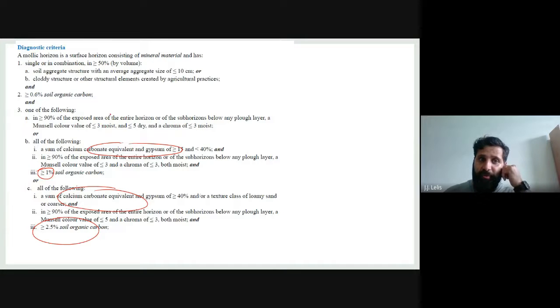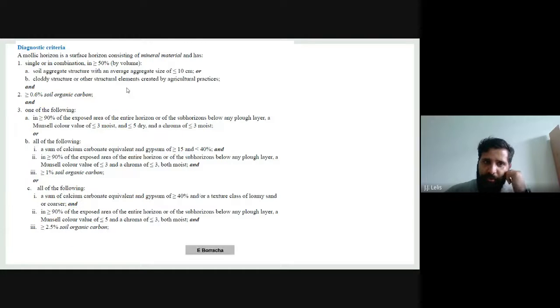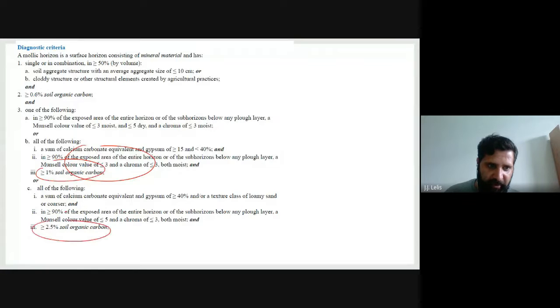And if we don't present calcium carbonate, you just need to follow the color and this content of soil organic carbon. So see, if we have a soil with calcite, we should understand that the soil organic carbon should be higher, this 1 or 2.5, depending on the quantity of calcium carbonate.